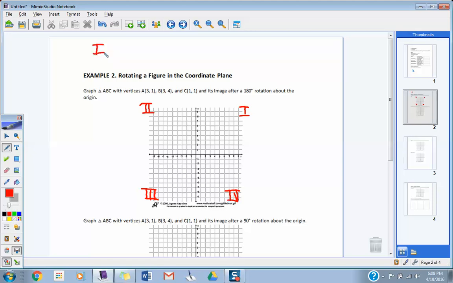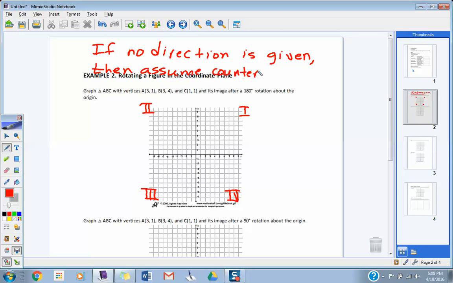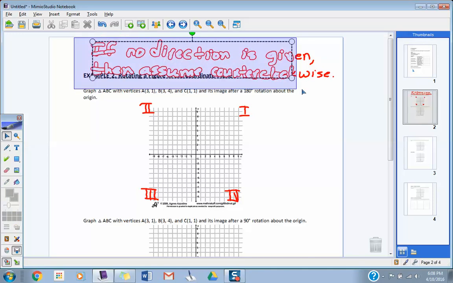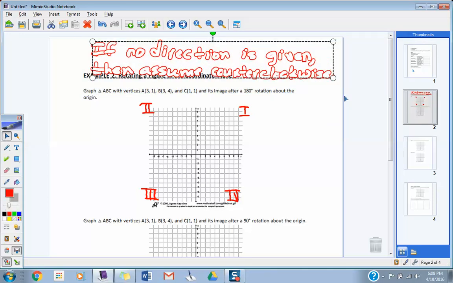If no direction is given, then I want you to assume counterclockwise movement. Okay, assume counterclockwise movement.